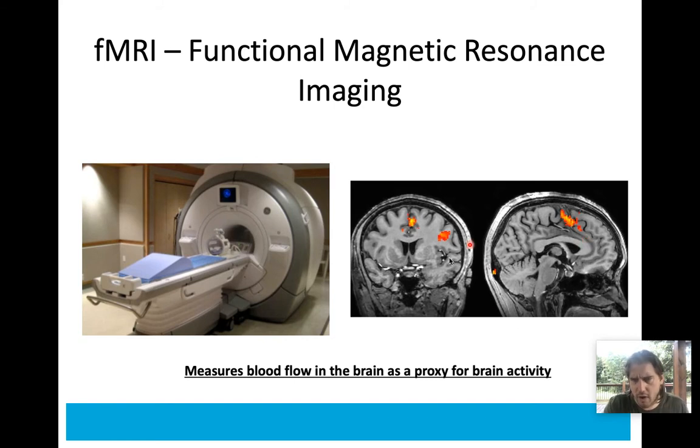So we can see over here on the right, you can see the structures of this person's brain, right? We can see the cortex here, we can see the limbic system, we can see the cerebellum, all this stuff. We can see the brain stem, right? You can actually see their nasal cavities and their throat.